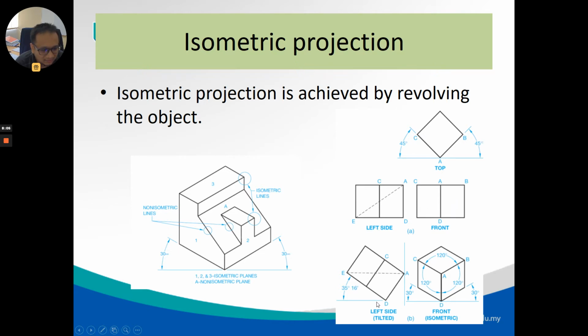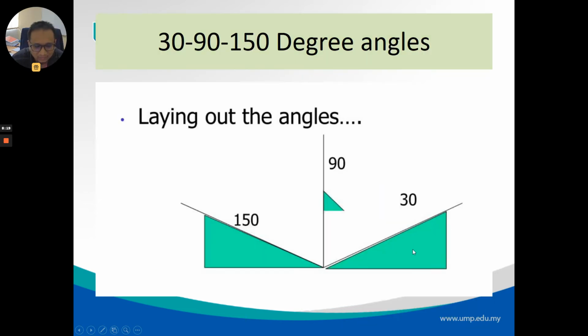From the side, tilted, you have 30 degrees, but tilted, of C, D and E and A to the side.